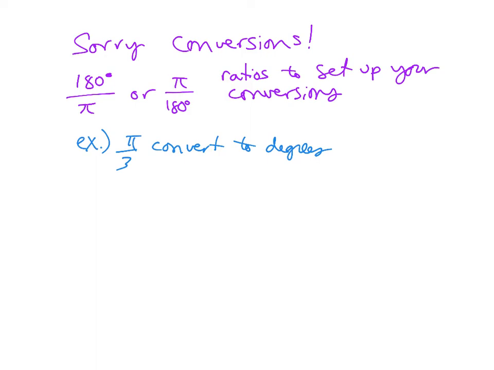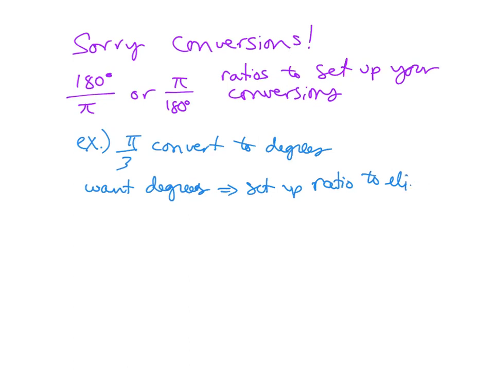So I want degrees. And this is like the only part of chemistry I could do. So set up a ratio to eliminate. Oh dear, it's been a long day.